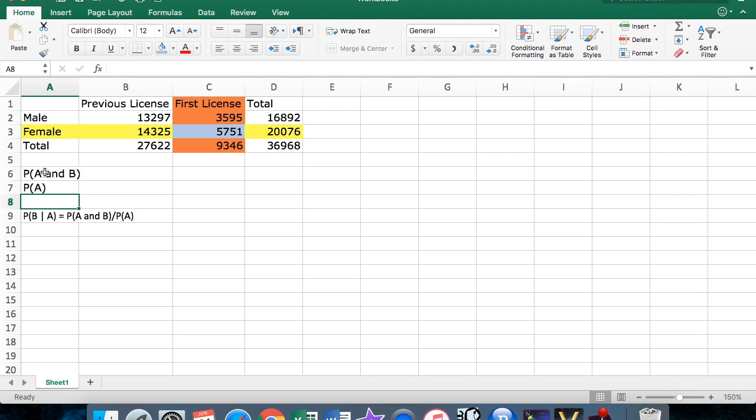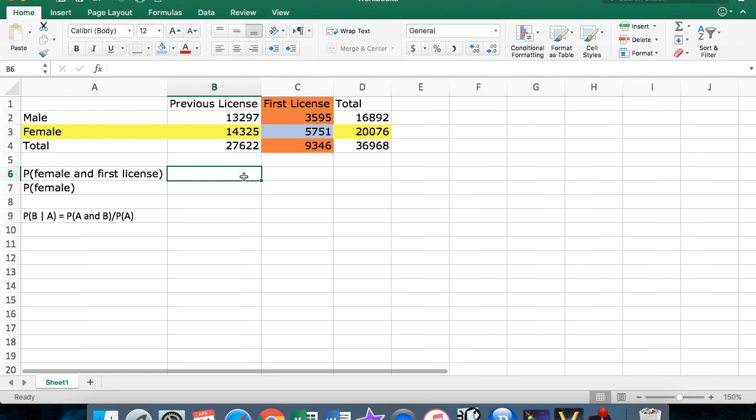Okay, so remember A, probability of A is the fact that she is a female. So we're given a female, so what is the probability she is both a female and first license? That is what we're looking for, right? Okay, so well then this is easy.